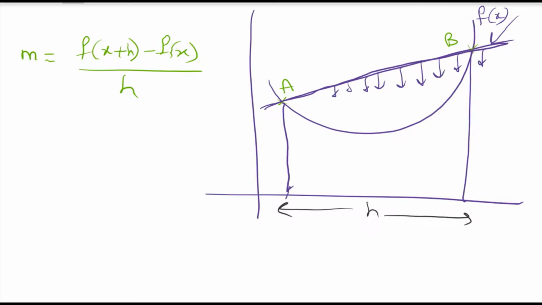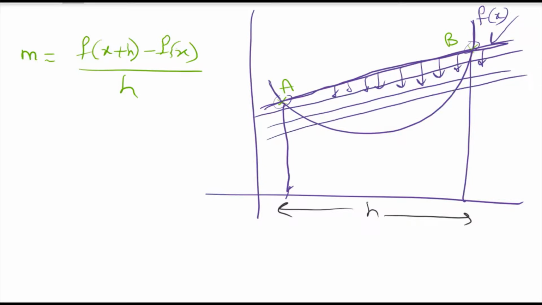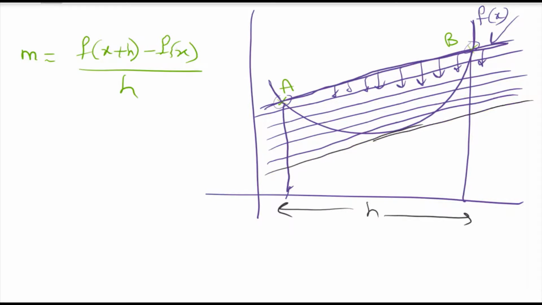If it touches the curve at 2 points, it is called a secant. But at some particular point, let us say at this point, my line is called the tangent to the curve. That line is called the tangent.